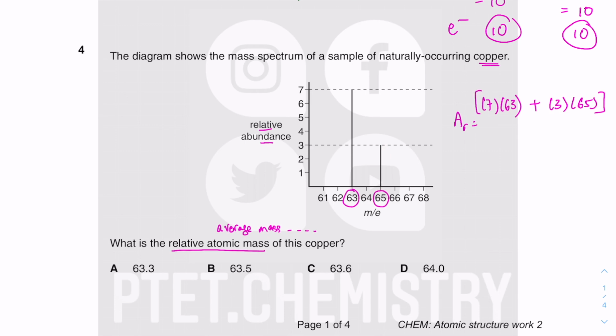Use a bracket to close up because there are no other isotopes in the abundance, and then divide by the sum of the abundances. Instead of dividing by 100, here divide by 7 plus 3, because that is what I have used for my calculation. So pop that into your calculator. 7 times 63 plus 3 times 65, that is 636, divided by 10, and I get 63.6, which is option C there.